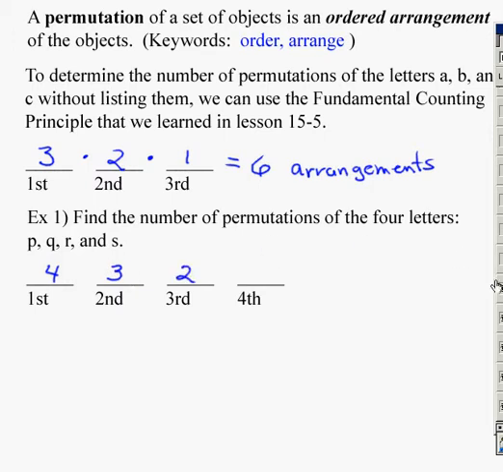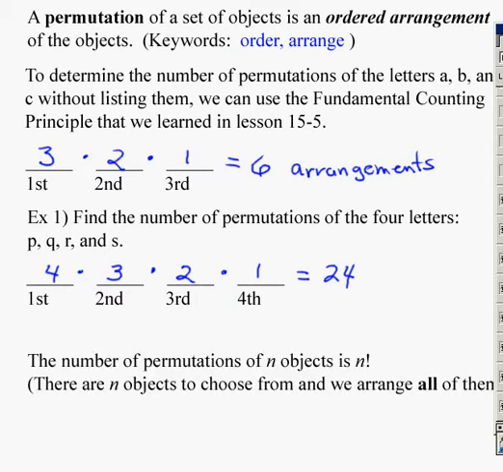Now we've used 2 out of the 4 letters, so there's only 2 possibilities to choose from or arrange in the third position. And then in the last and final position, there's only 1 to choose from. So there are 4 outcomes for each event, but since it's a compound event, again, we multiply the results. 4 times 3 times 2 times 1 is 24. So there are 24 ordered arrangements or permutations of the letters P, Q, R, and S.